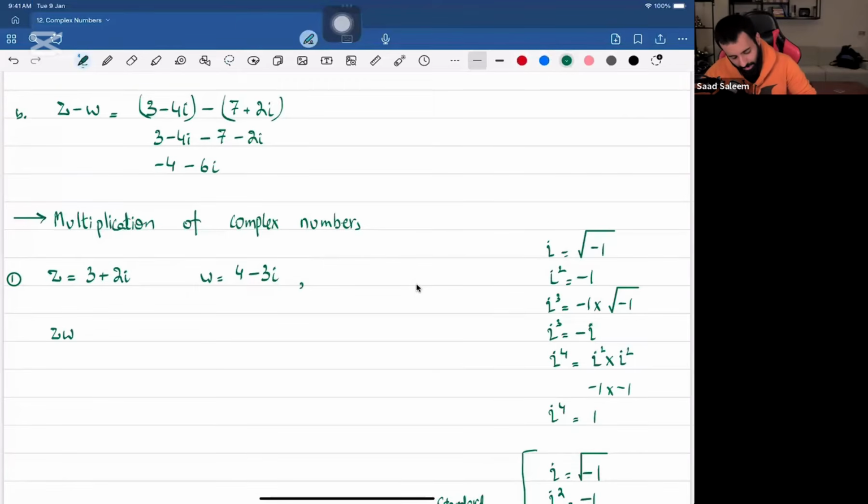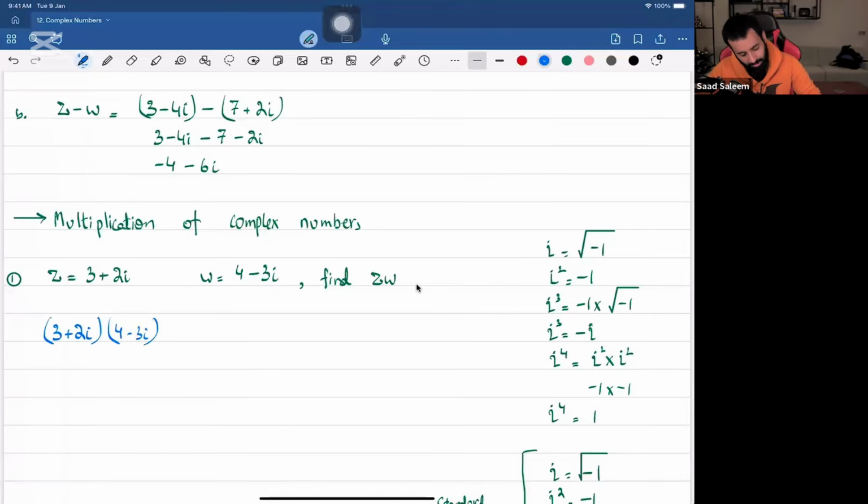So you're given Z and W, and you have to find ZW. Remember the rule is that we treat this the same way we treat multiplication of surds, which you must remember from AS. So 3 plus 2 iota is being multiplied by 4 minus 3 iota.